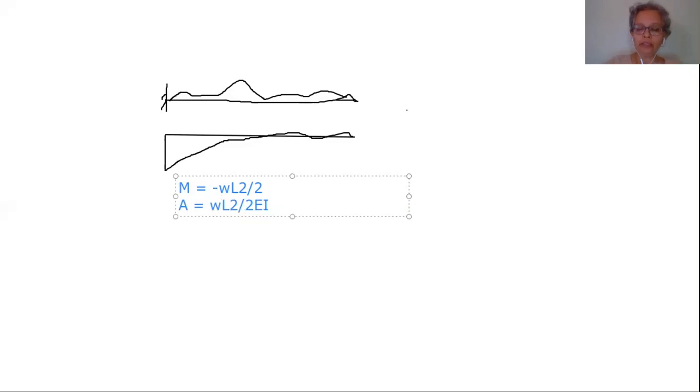This should have been minus, and this is to be multiplied by 1/3 into base, where base is L, so L divided by 3. Agreed?